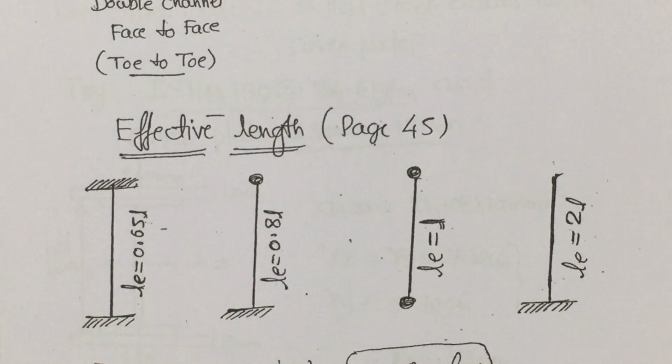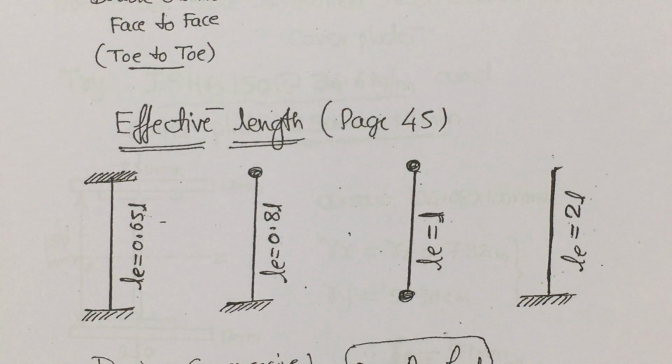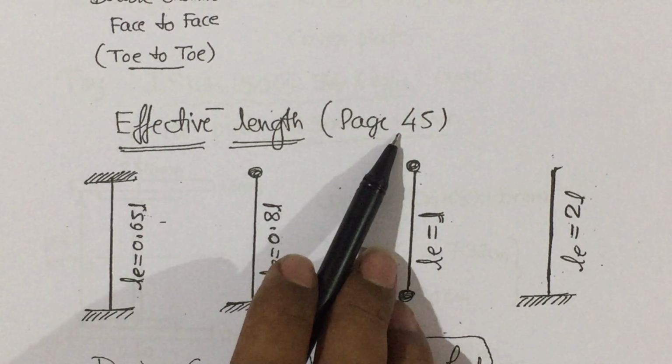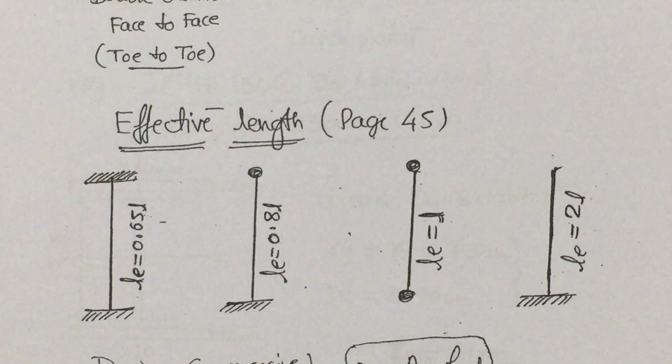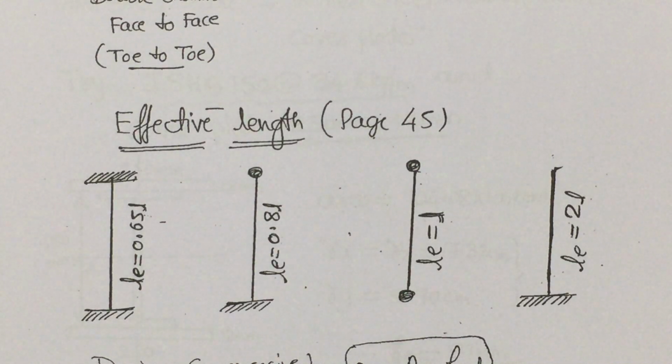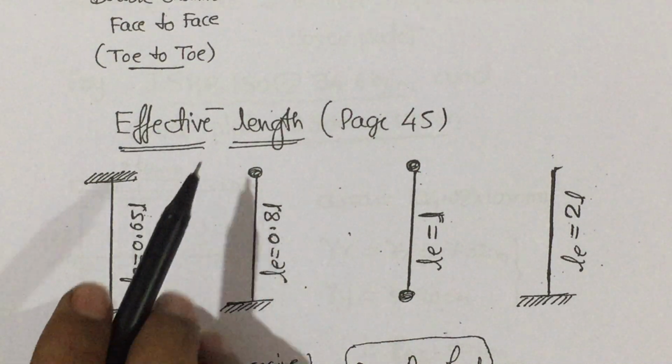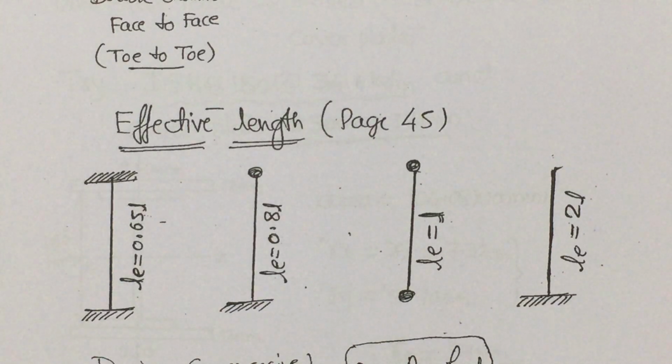Then how are you going to decide the effective length? In page number 45 of IS 800:2007, for different end conditions of the compression members, we have the effective length.